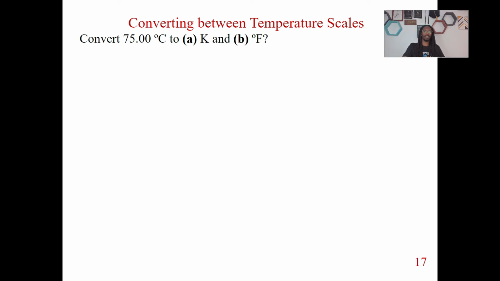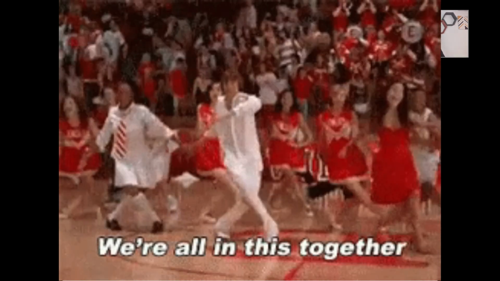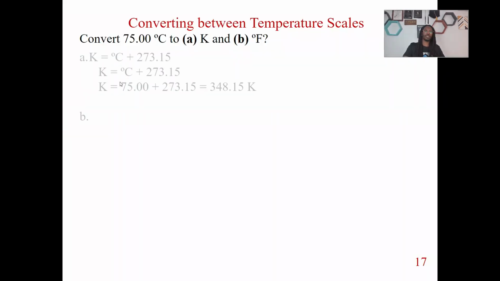Okay, so 75 degrees Celsius. This is what we're going to do for the very first one. Got to use my good old conversion. If I'm trying to go to Kelvin, I'm using this one: Celsius plus 273.15.